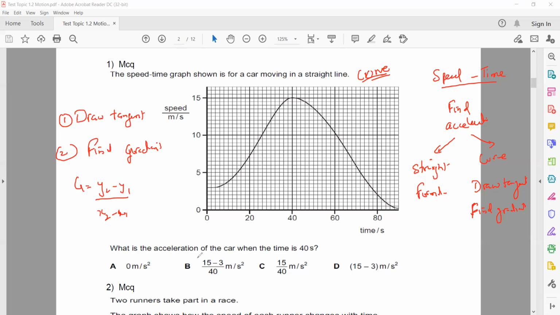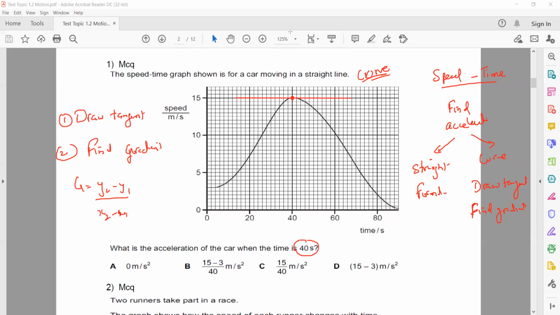So in this question, what is the acceleration of the car when time is equal to 40 seconds? We have to draw a tangent when time is equal to 40. I will mark a point where time is equal to 40, and when I draw the tangent, in this case the tangent will be a straight line.